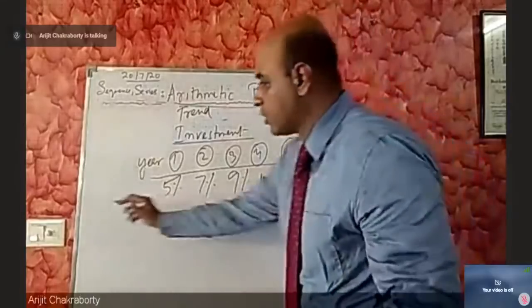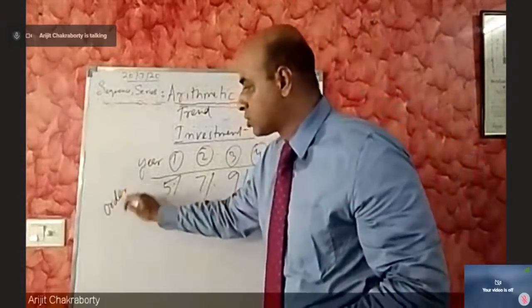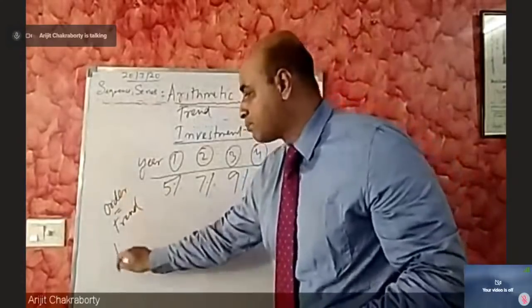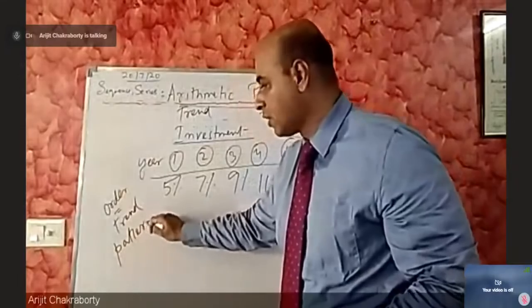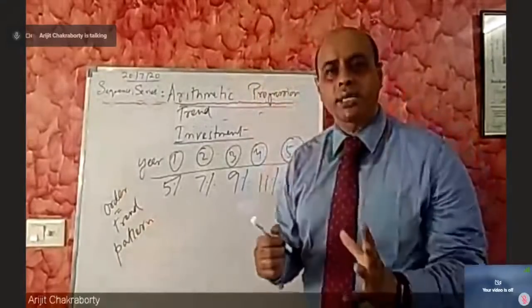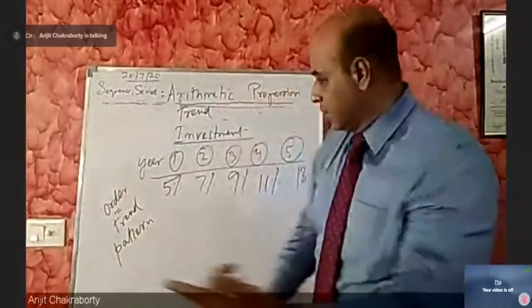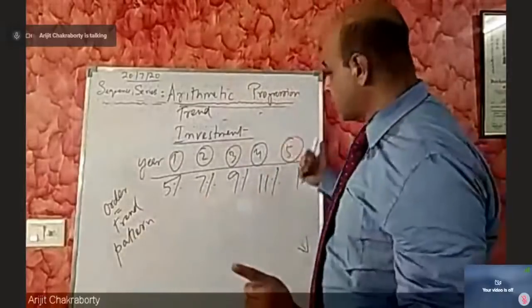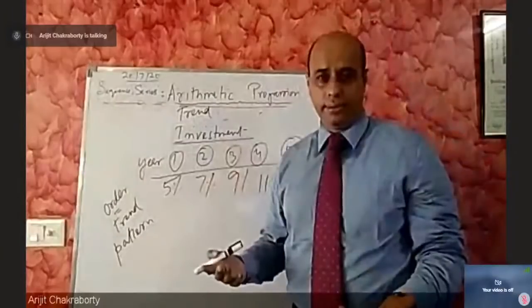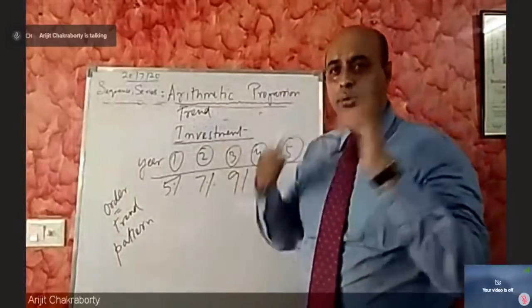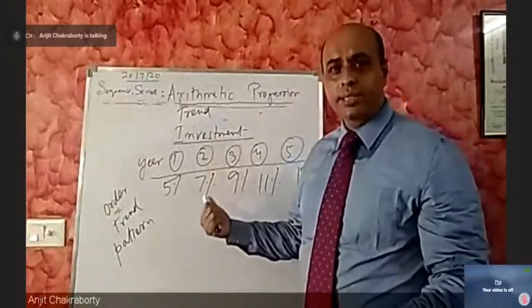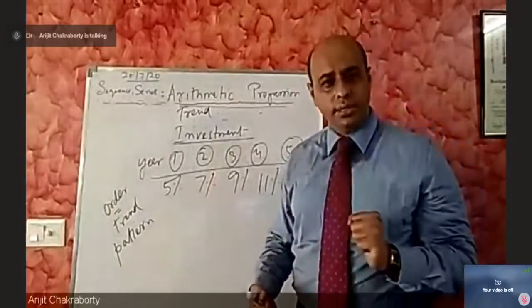When we talk of the word order, please note it means trend. It means pattern. So you can predict that the next year it will be 15. You can forecast. So this is definitely a sequence.